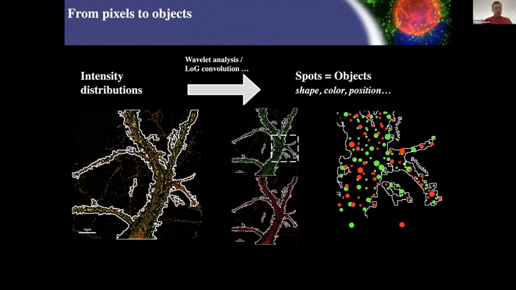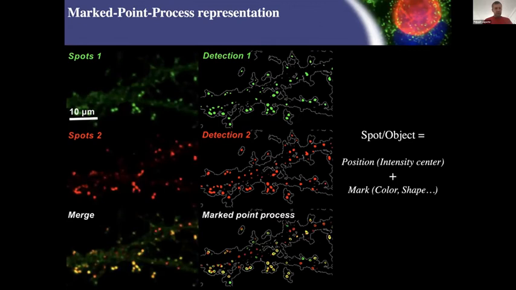And at the end, you will have segmented objects with a given shape, a given color, and a given position. And from there, you can represent your objects in your field of view as a collection of objects with a position, a point, and a mark, which will be, for example, the colors, the shape, etc. So typically, each image can be seen as a marked point process representation.